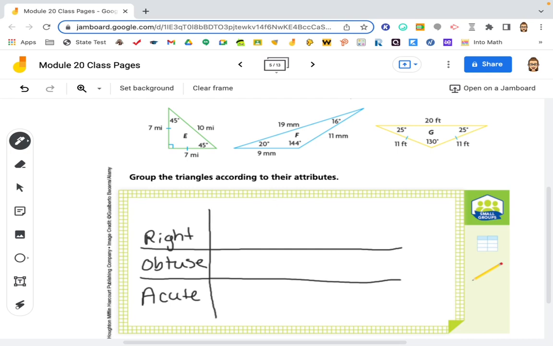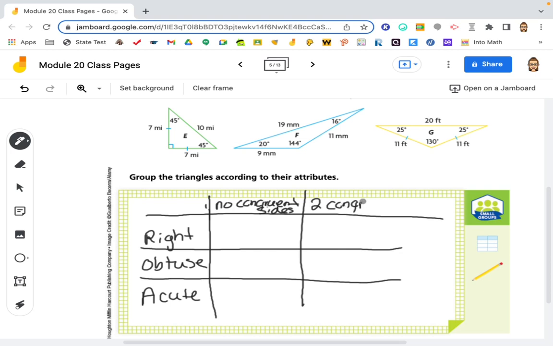We can also see if they have no congruent sides, which would mean they have no sides that are the same, two congruent sides, or all congruent sides.